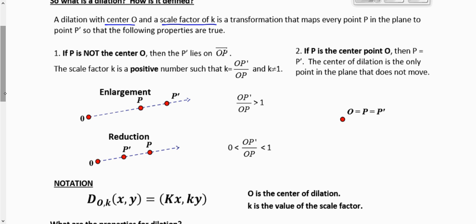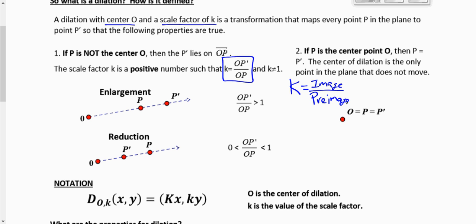So if you look at this here, OP prime would be the new measurement, and wouldn't OP be the old? So if you ever want to find K, keep this in your memory banks: it's image length over pre-image length.